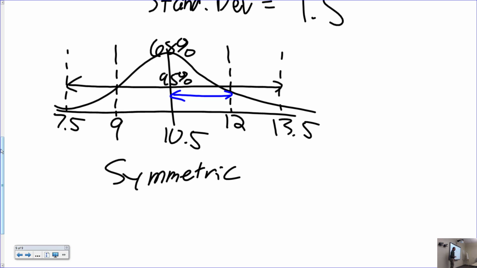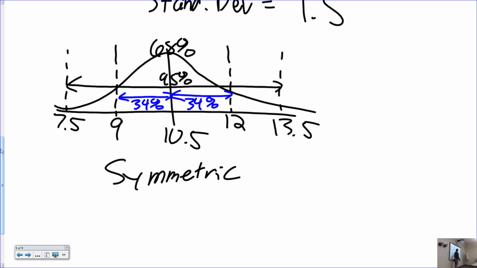If that's 68 in the middle, you'd have to find half of 68. What's half of 68? Okay, 34. Thank you. And so, what percentage of men have a shoe size between 9 and 10.5? 34. All right, now you guys are getting the idea behind symmetry.